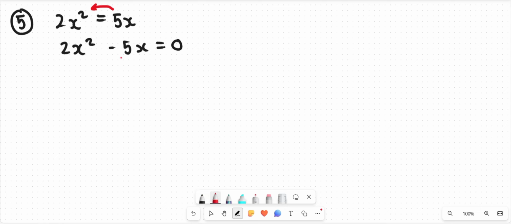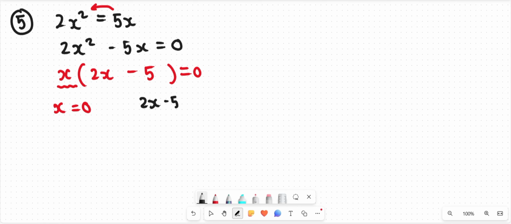What do I notice? I notice that I can take out x as a highest common factor. If I take out x as the highest common factor, I'm left with the 2x there, which is subtracting a 5. Then I can take the first term, the x, and make it equal to 0, or take the bracket, the 2x minus 5, and make that equal to 0.